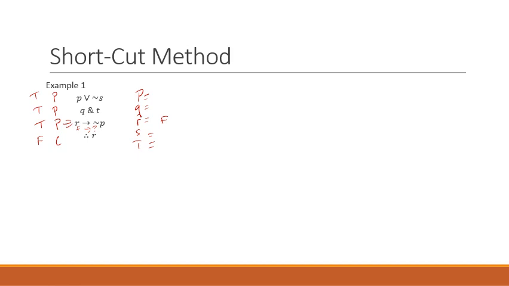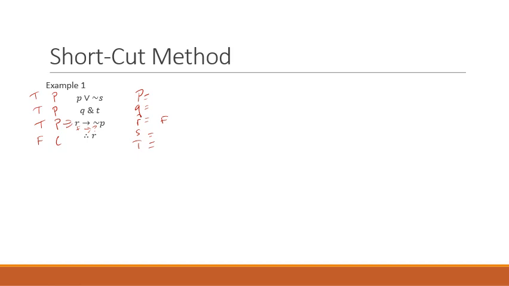But either way, that's going to end up being true, because the only time arrows are false is if it's true arrow false. So false arrow true and false arrow false are true with the arrow rules. So that's nice. If we make R false, not only do we make the conclusion false, but we make premise 3 true.